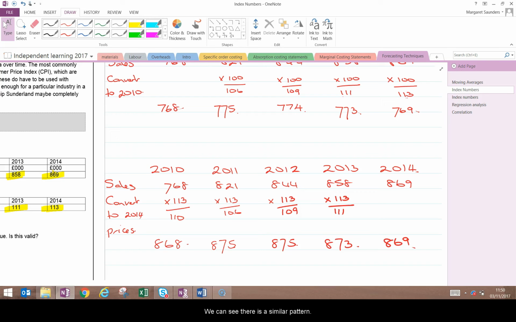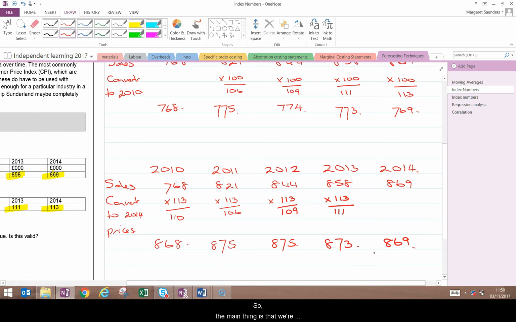We can see there is a similar pattern. 2010-11 saw an increase. There is a slight decrease between 11 and 12, it's just not showing it due to rounding, and then decrease year on year after that.